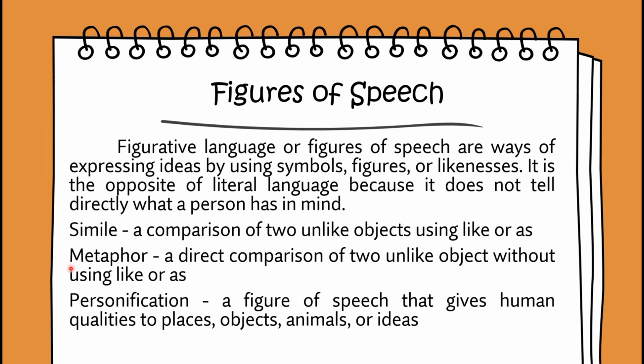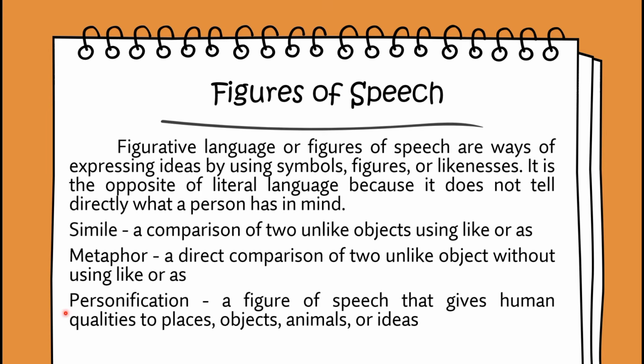The second one we have here, the metaphor. Metaphor is a direct comparison of two unlike objects without using like or as. For example, instead of saying you are as beautiful as a rainbow, you can just directly say you are a rainbow, still implying that you are telling someone she is beautiful.